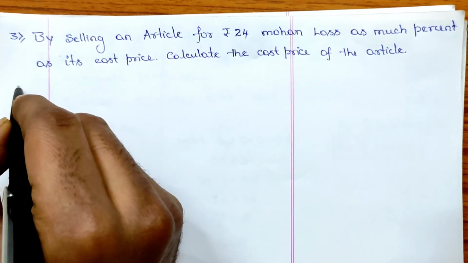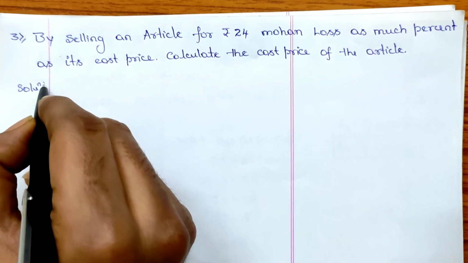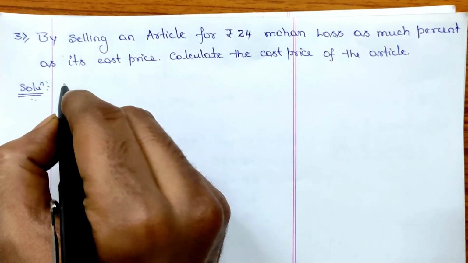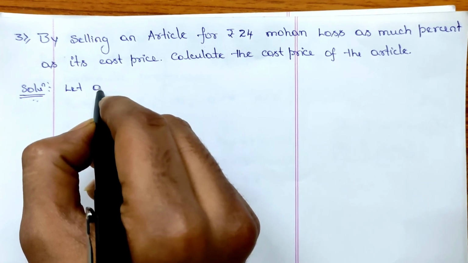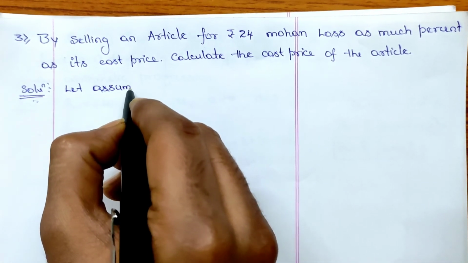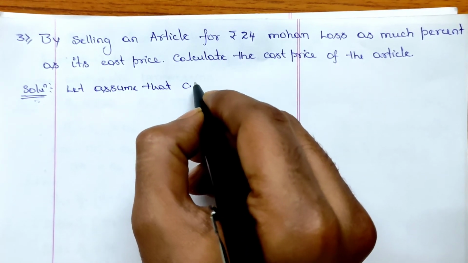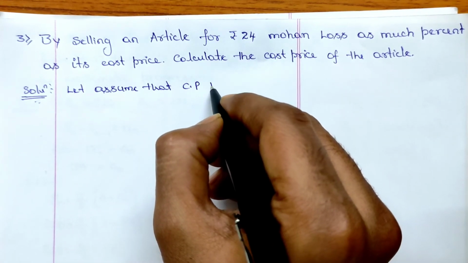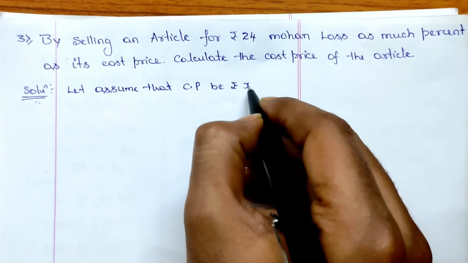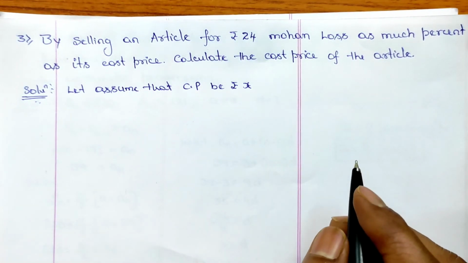So in the solution part let me start to assume that the cost price of the article be X rupees.